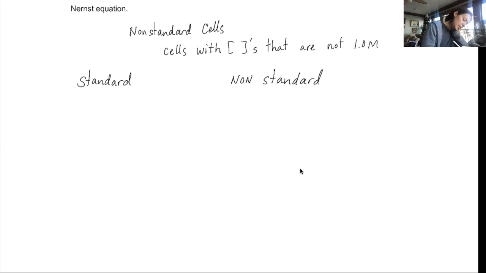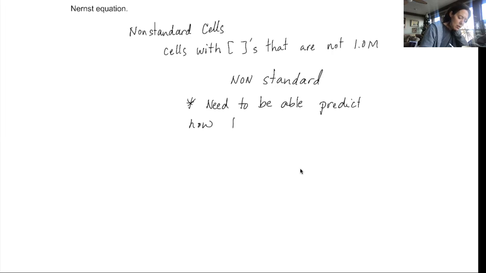And we need to predict, I don't know why I wrote the standard right here. You need to be able to predict and justify your prediction how the non-standard cell will affect the E cell.